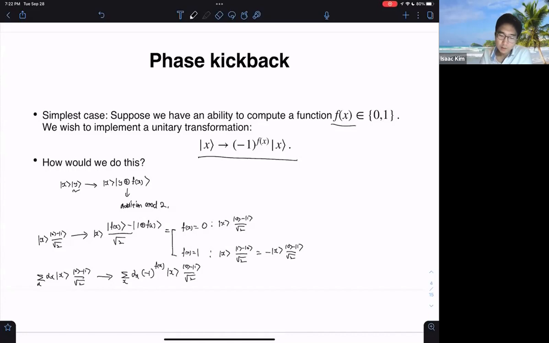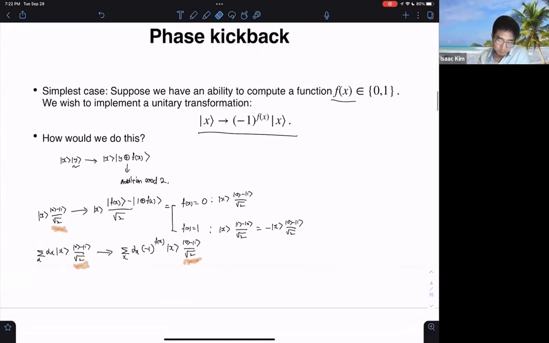And what is funny here is that this state over here, (|0> - |1>)/√2, is there throughout this entire process and remains unchanged, but it does play some role. So with the help of this ancillary state, we were able to apply this phase operation. So this is the simplest example of the phase kickback.